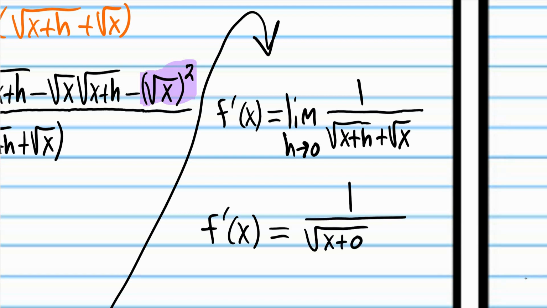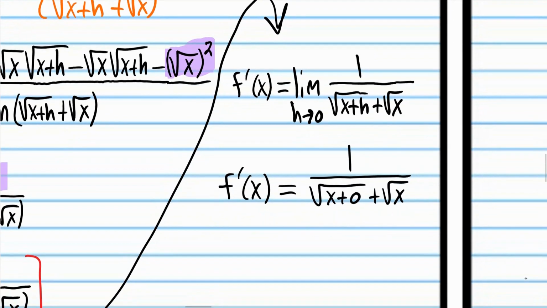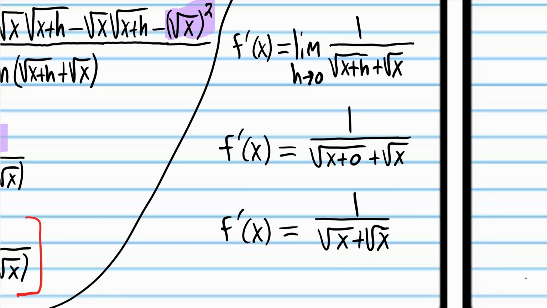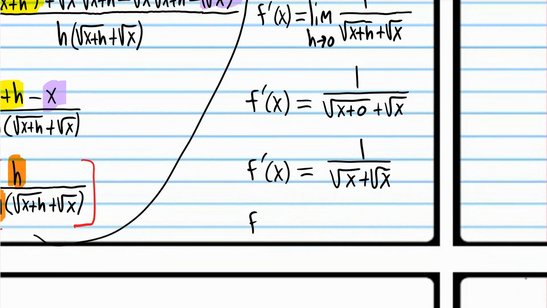So we have x plus 0 in that root, and then of course we have 1 over the square root of x plus the square root of x, because x plus 0 is just x, and you can combine those root x's and we're left with 1 over 2 root x. So that is the answer that we're looking for.